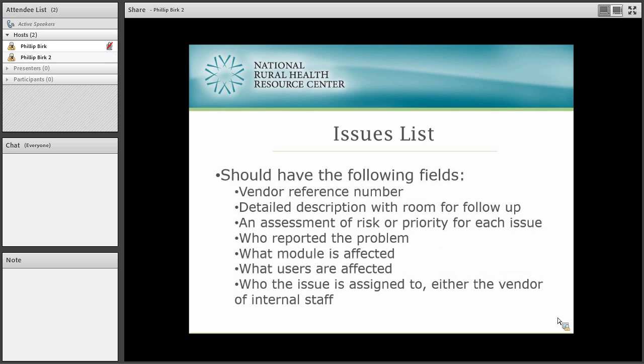Oftentimes at the user group meetings, I see folks that will do a geographic collaboration effort, right? They'll find somebody else who's in their state and make friends with them, and that's a good thing. You can drive to them and you can talk with them. Frequently they're in your time zone, but sometimes it makes more sense to look at people who are more like you. So if you're a critical access hospital that owns a clinic and is interfacing with a third-party clinic EMR, that'd be a great one to seek out somebody who's got the same combination as you do.